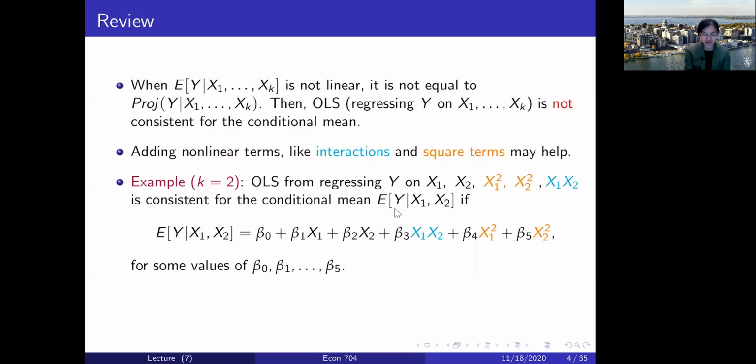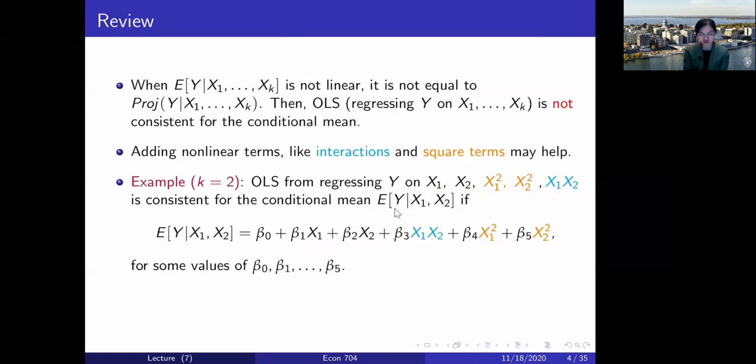For example, when k equals 2, there are two explanatory variables, x1, x2. We can do an OLS regression of y on x1, x2, and the squares and the interaction. Then that OLS regression will be consistent for the conditional mean if the conditional mean only contains these terms, the linear, the interaction, and the square terms.